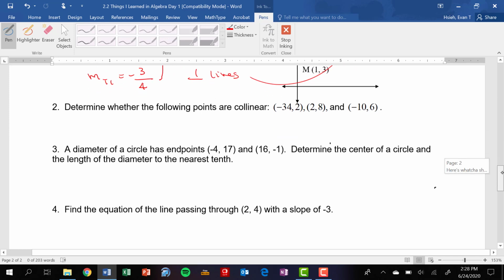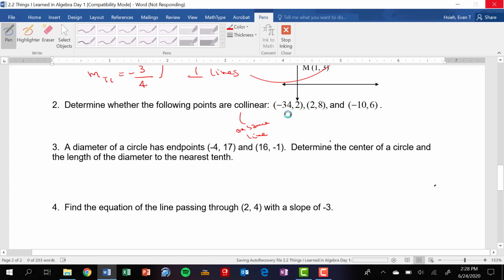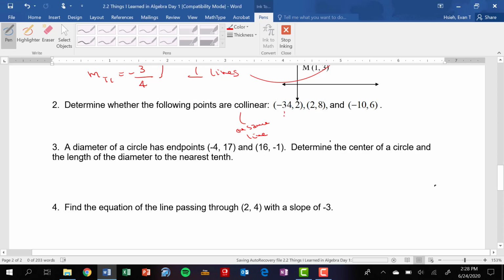Okay, and the next problem here, determine whether the following points are collinear. Collinear basically means on the same line, so points on the same line. To check to see if they're on the same line, we take a look at the slope between the first two and verify that it's the same as the slope between the second two.